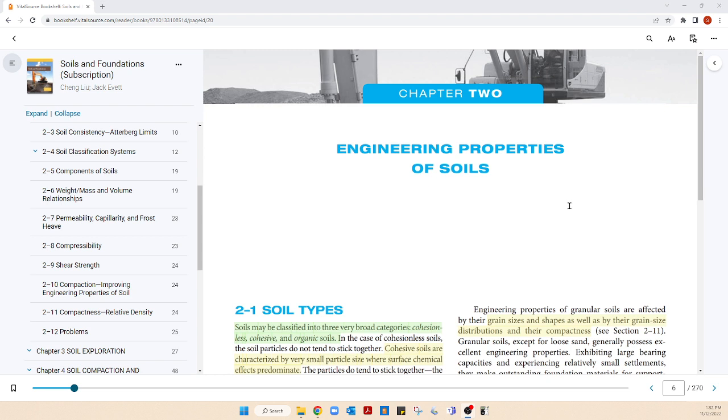So this chapter touches on the Unified System, and we'll get into how to prepare to classify in the AASHTO.